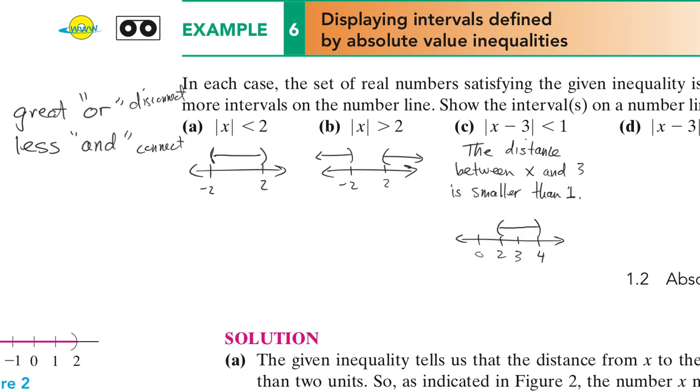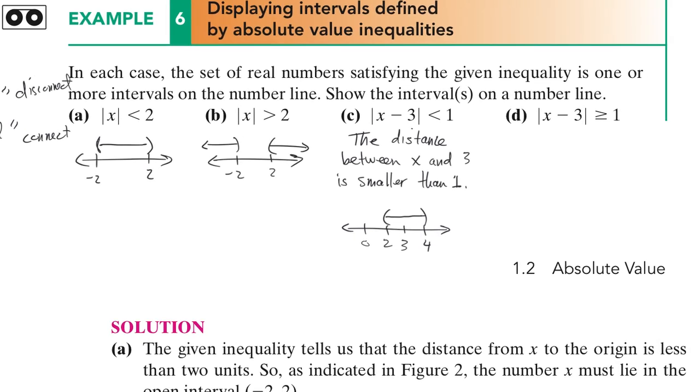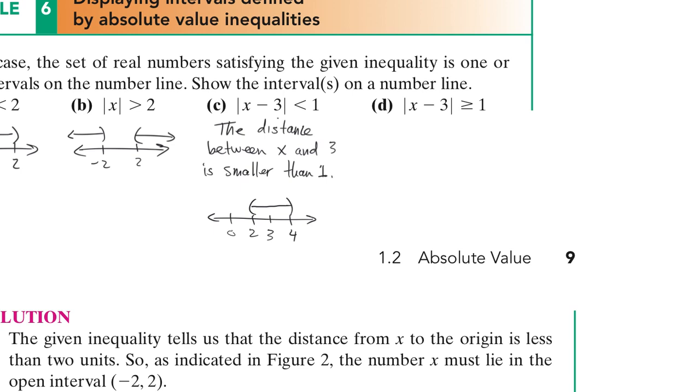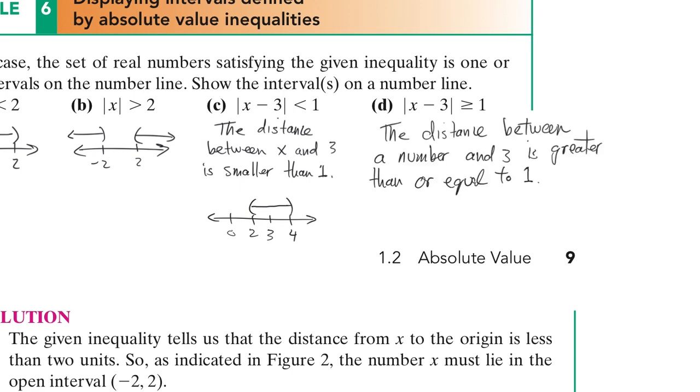Okay, and then let's look at our last one here. Oh, and by the way, also look at this: less than, less and. It's an and. It connects them. Okay, this is a greater than or equal, greater or. It's going to be disconnected. And so if we interpret this, I'll write that down. The distance between some number and 3 has to be greater than or equal to 1.